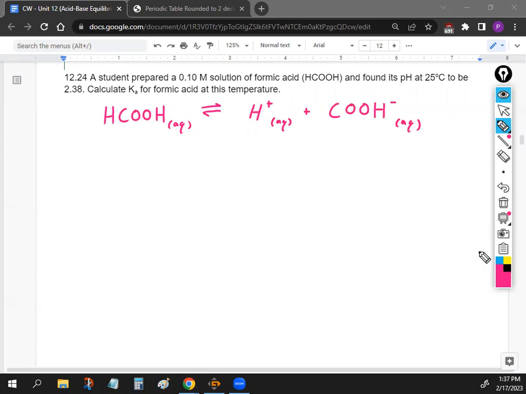Okay, so it gives you the initial concentration of your acid, right? It's 0.1 molarity. And then they give you the pH, which is 2.38. Now, if we want to find the Ka, we know that Ka has to do with equilibrium concentrations, right? So we need to find the concentration at equilibrium. What do you guys think we need to use in order to solve this problem?